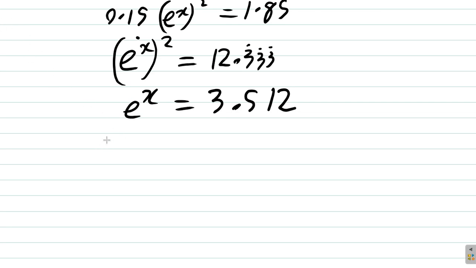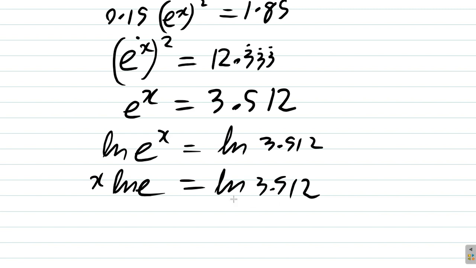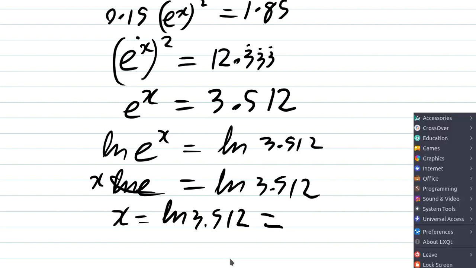Now let's ln both sides. Ln e to the x is equal to ln 3.512. So it's x ln e equals ln 3.512. Ln e is 1, so you can say x is equal to ln 3.512. What is ln 3.512?